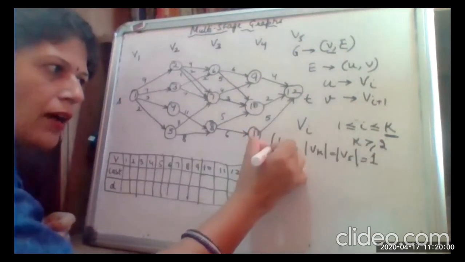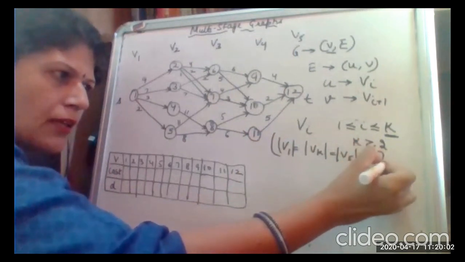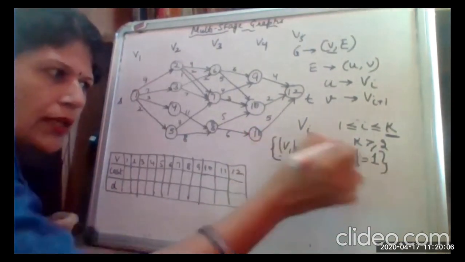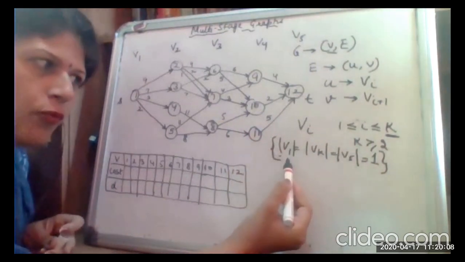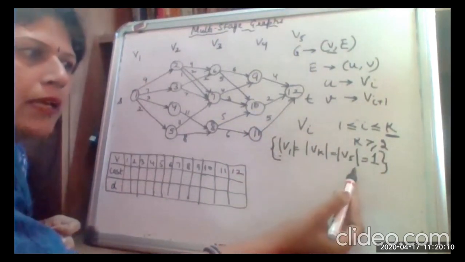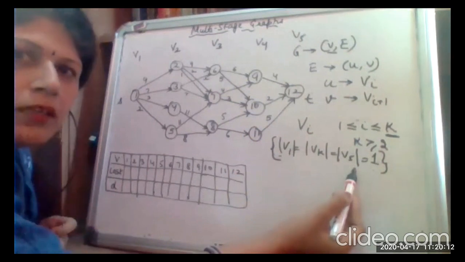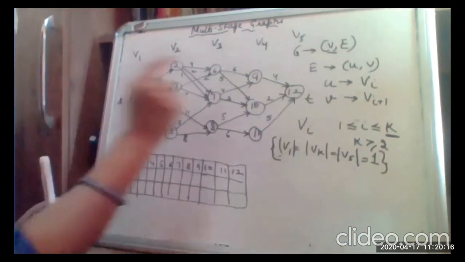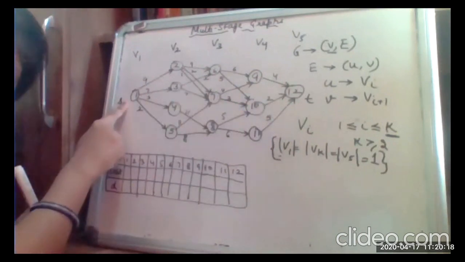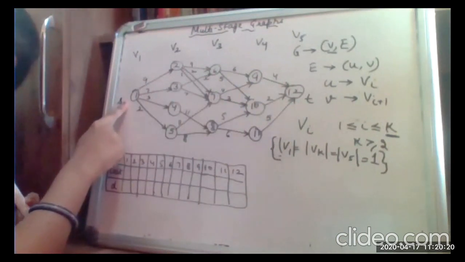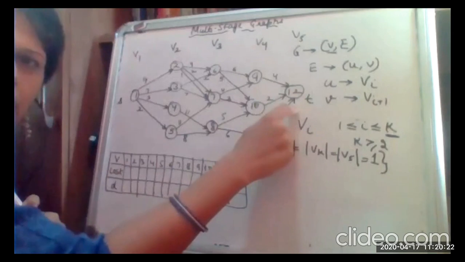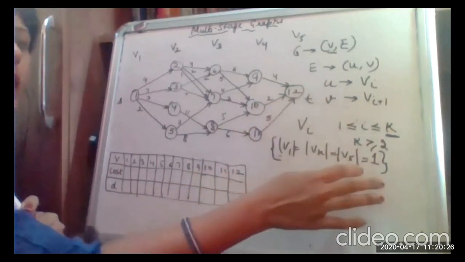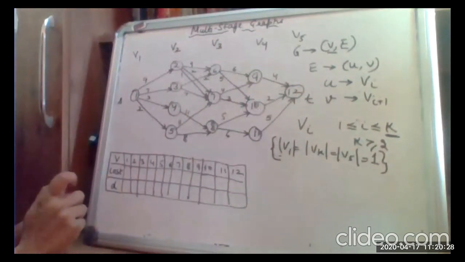So there is always only one vertex in the first as well as the last stage of the multi-stage graph. There is only the source in the first vertex set and the target or sink vertex in the last vertex set.